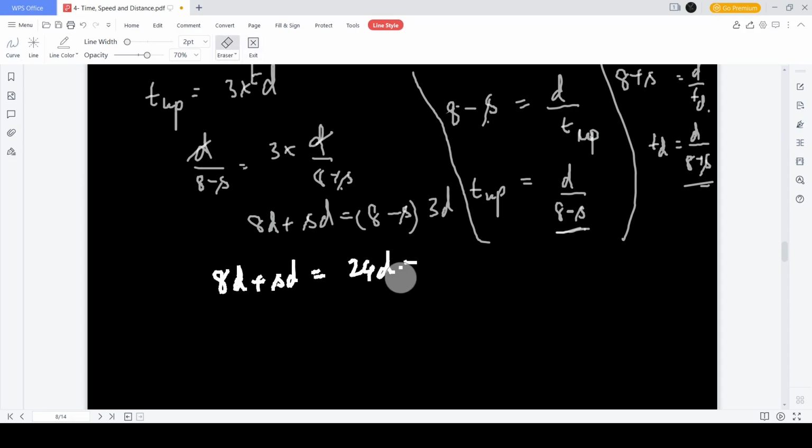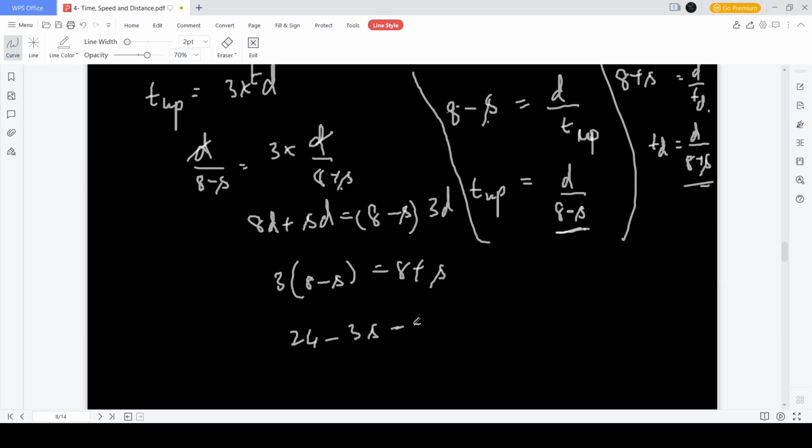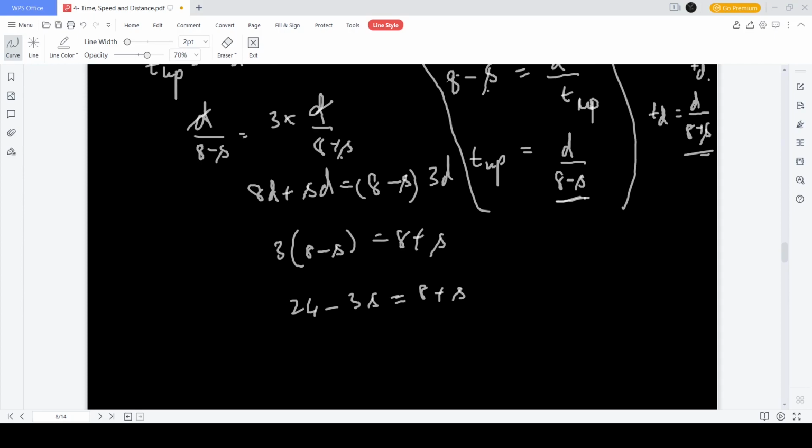To find out the stream velocity, now we can simply solve this equation. We get 3 into 8 minus S is equal to 8 plus S. So we get 24 minus 3S is equal to 8 plus S. Take this side, take this side. You get 16 is equal to 4 into S. Stream velocity is therefore 4 km per hour.